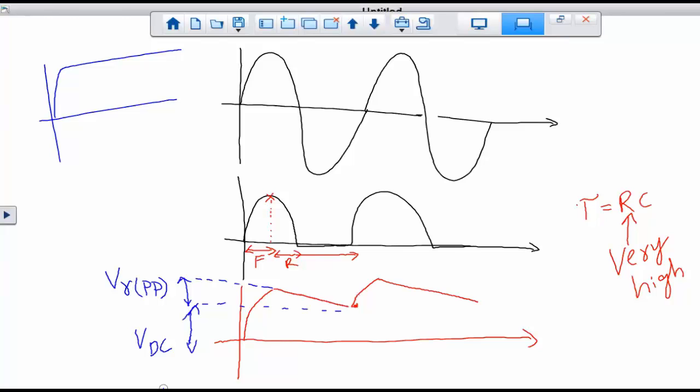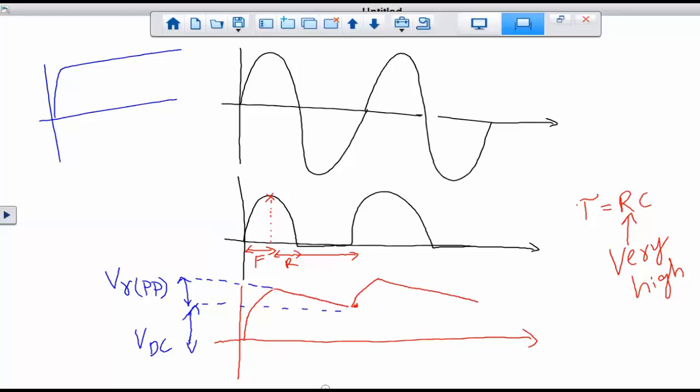Because if you use a full wave, that's 2 peaks coming one next to each other, which will not allow the capacitor to discharge or lose that much voltage. That's one of the reasons why full wave rectifier is heavily preferred if you want lower ripples.